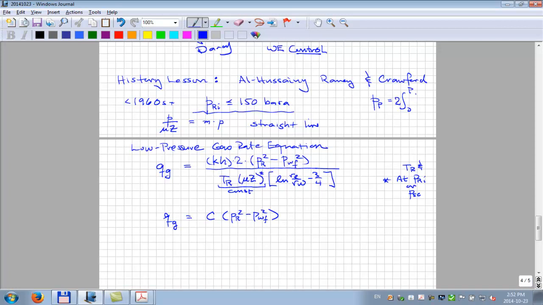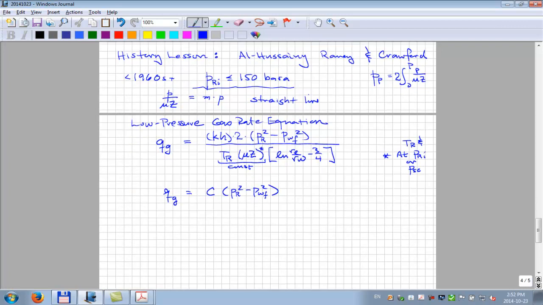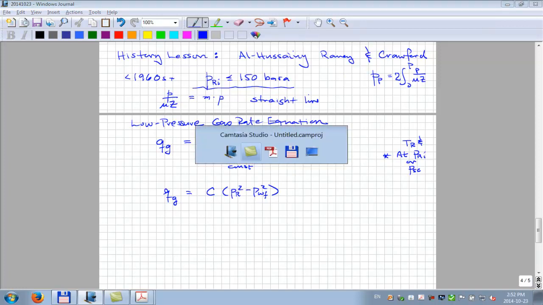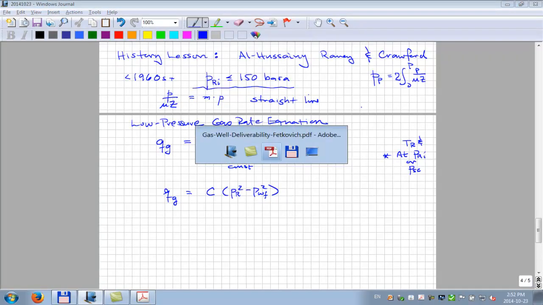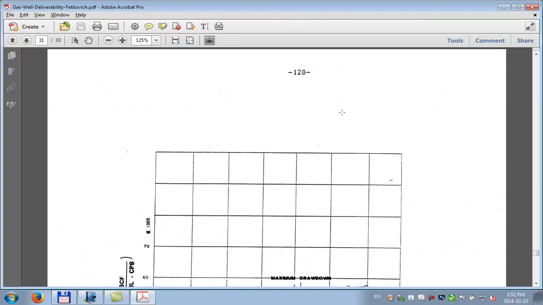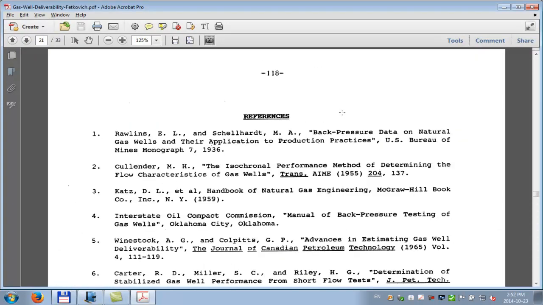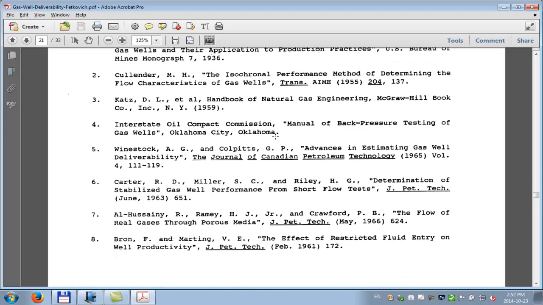And they brought the 2 in here because people had already been using the 2 from before. So they brought it in for reasons. I don't remember the date for this. Probably it's in the paper by Al-Hussein, Ramey, and Crawford, 1966.